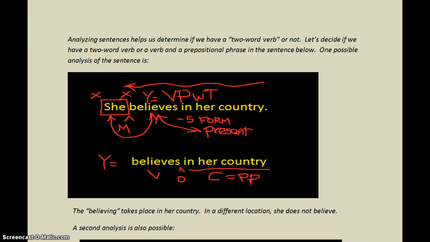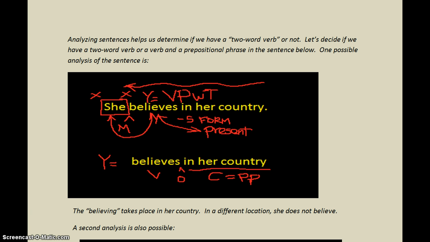It's the subject. And the predicate is believes in her country. The X place and M places are empty. And Y is believes in her country. Believes ties with she. Believes ties with the present. It's the S form of the verb. This is a verb phrase with time. Now we can take our verb phrase with time and rewrite it and do a phrasal analysis.